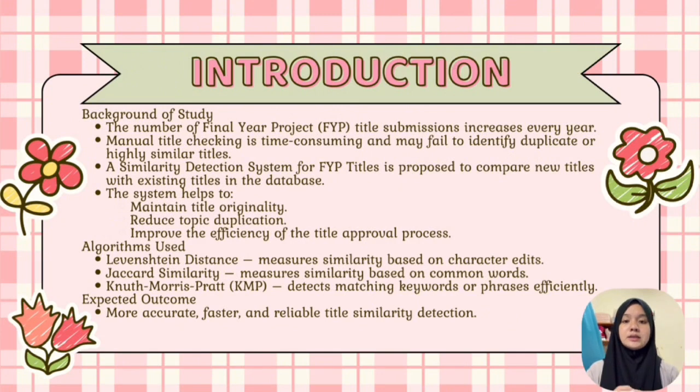The third is the KMP algorithm, which detects matching keywords or phrases efficiently. By combining these three algorithms, the system can provide a more accurate and reliable similarity detection result.